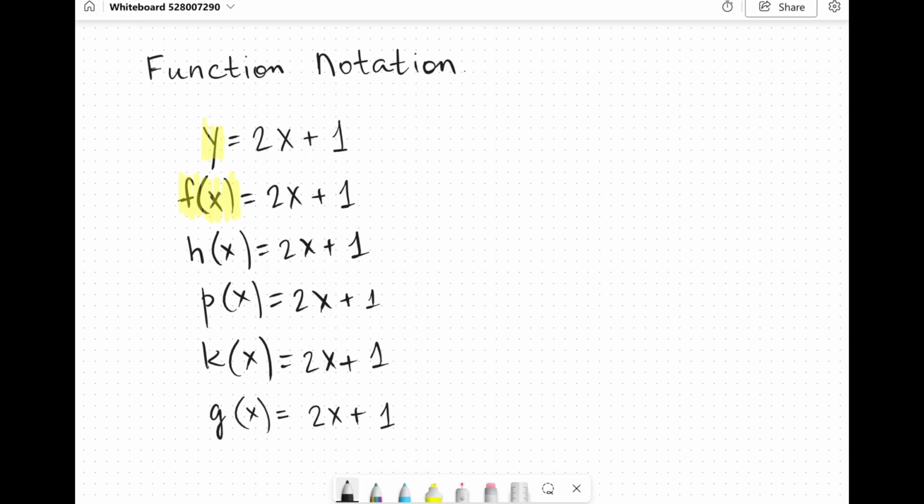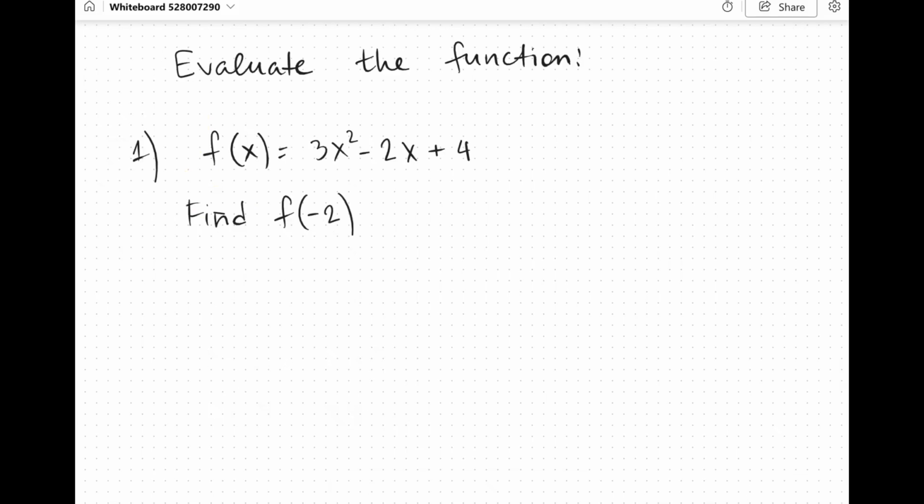So if a function is given to you in a function notation, you will most likely be asked to evaluate the function. So this first example gives you the equation in function notation, f of x equals 3x squared minus 2x plus 4, and it asks you to find f of negative 2.